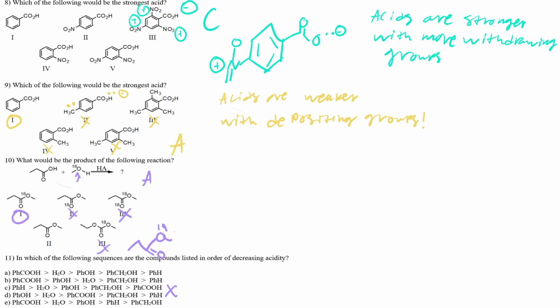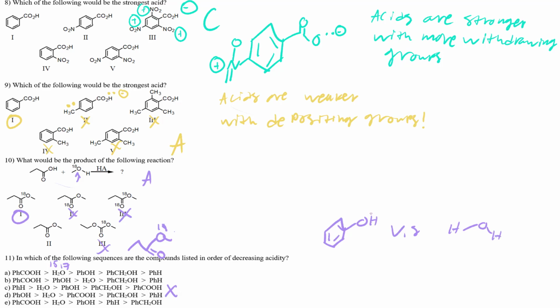Right. Now between A and E, they both have water. But water, we know that it is about 15.7. Right, 15.7. And then we're comparing that water to an alcohol that has a phenyl on it. So basically, what we have is an alcohol attached to a benzene ring, and we're comparing it against water.